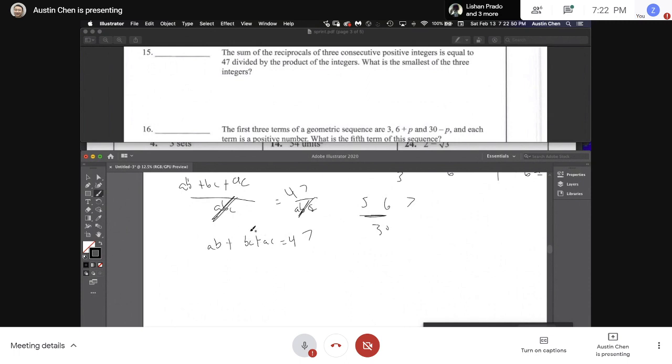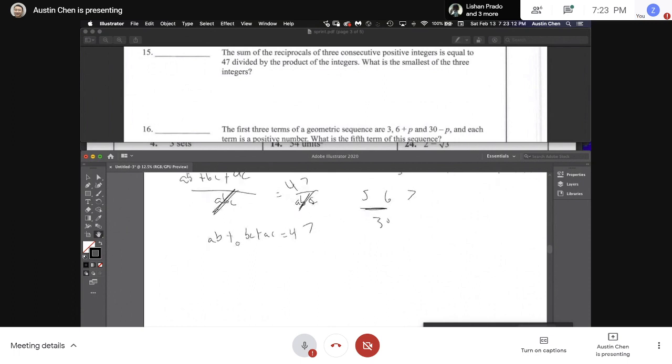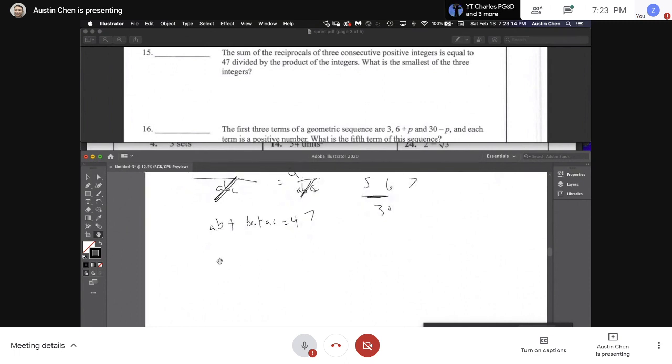And we know they're 3 consecutive positive integers, so we really don't have very many cases here. So I think a better way to do this would be testing 3 consecutive positive integers and finding which have the sum 47. There are very few cases to try, so it's not going to take long at all to find which 3 work.